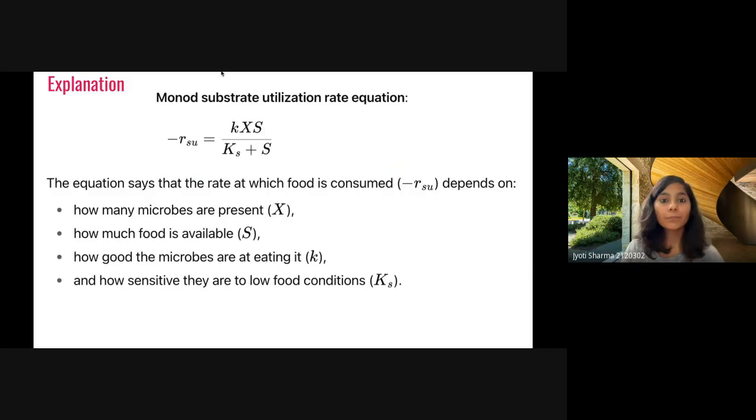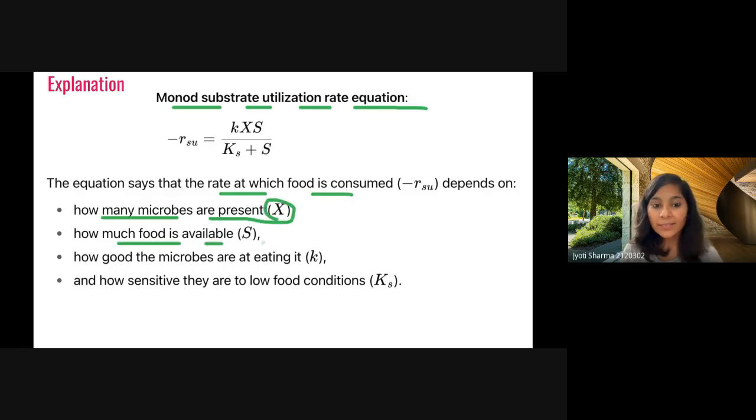So this equation is known as the Monod substrate utilization rate equation, and it says that the rate at which food is consumed depends on how much microorganism we have, X, and how much food is available, S. So this is my organic matter.